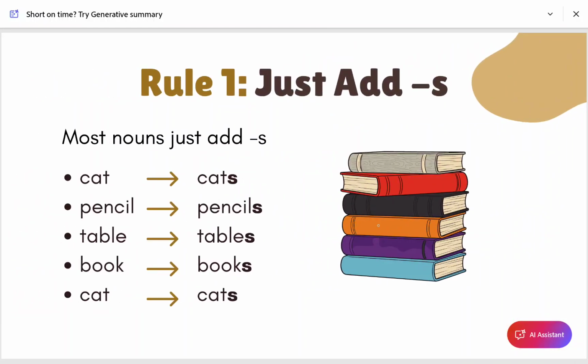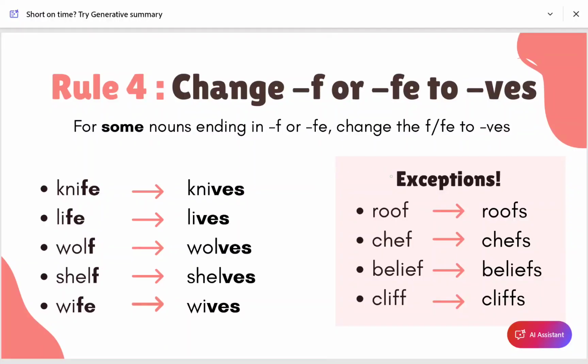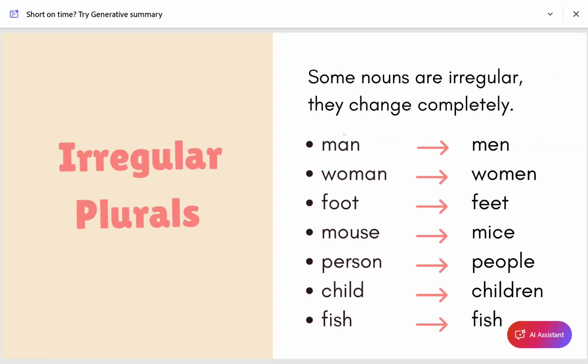But here we are not going with the normal form. So these are irregulars. We need to remember them. These words are special.